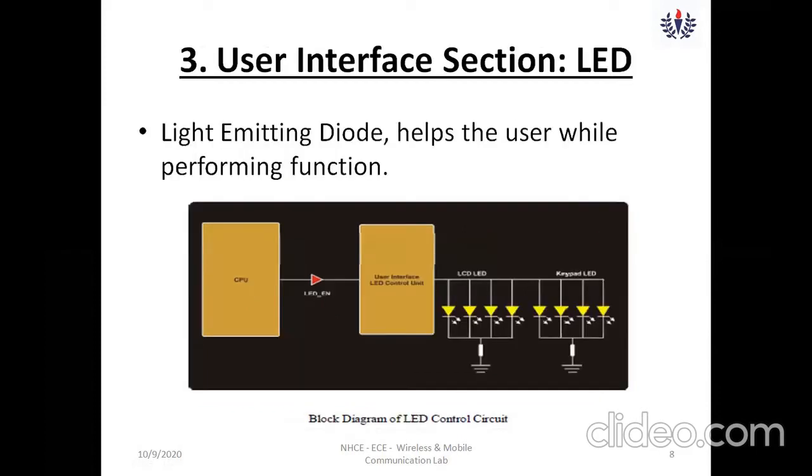Then we have these light emitting diodes, or LEDs for short, which help the user while performing functions. It can be your keypad-based LEDs, or it can be for your LCD. Your LCD is also made up of LEDs, the display. Most of the displays that you see, be it OLED, AMOLED, Super AMOLED, or the normal displays, come with LED technology.